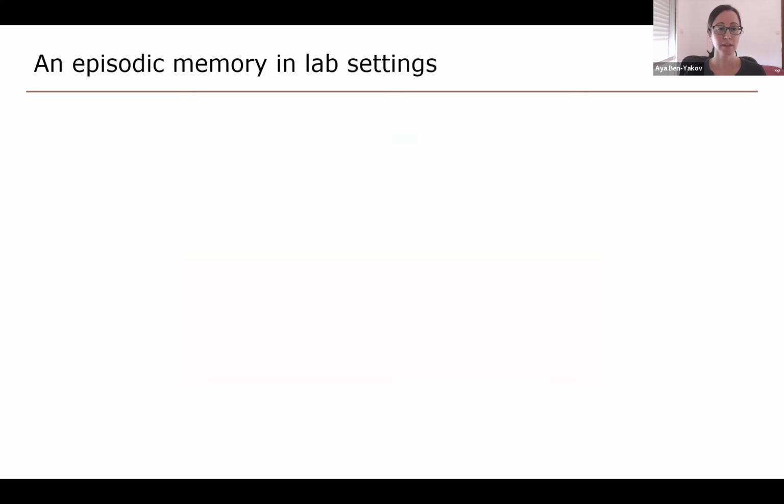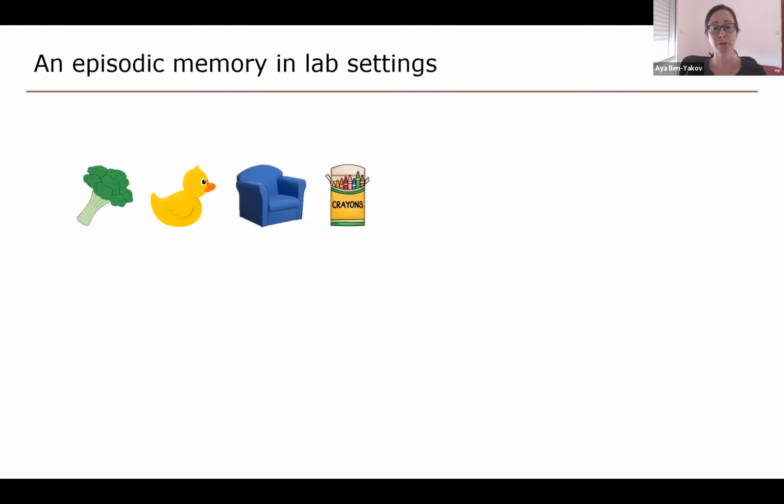Now, these are very different from episodic memories in lab settings like Avi discussed. If we try to take the same scenes and represent them in lab settings, maybe they'd look something like this, with these brief, discrete stimuli that we're using to investigate memory.